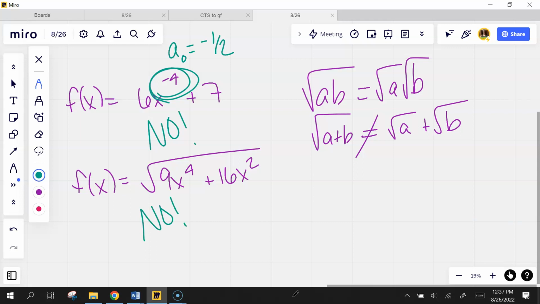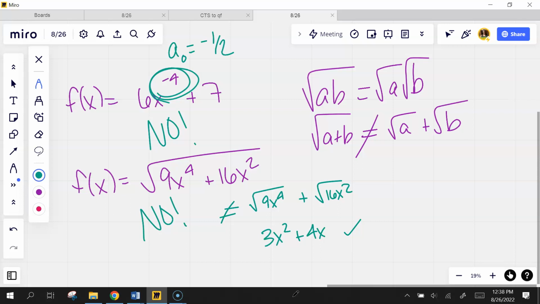You can't split radicals. I couldn't say that this is the square root of 9x to the 4th plus the square root of 16x squared. I can't do that. Because if I did that, what I would have is 3x squared plus 4x, and that is a polynomial. That's not a property of radicals.